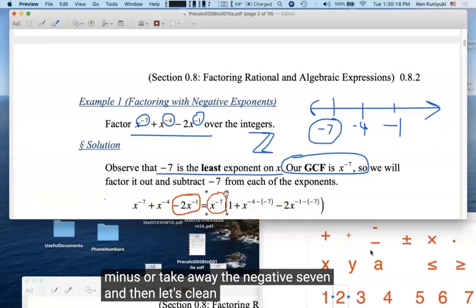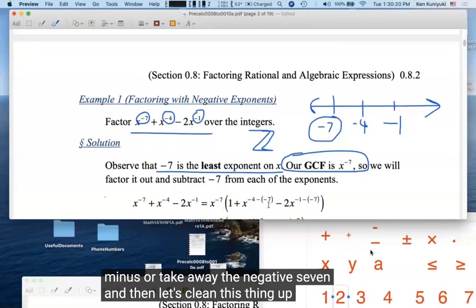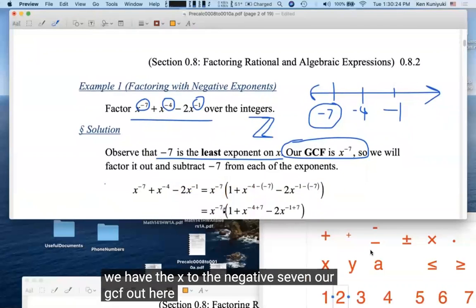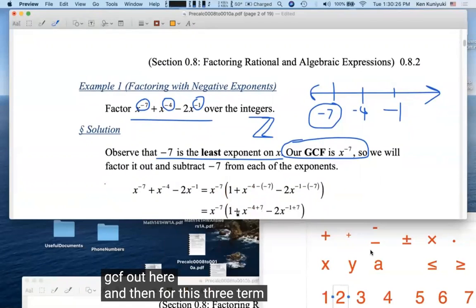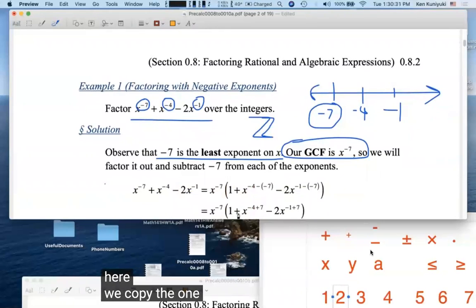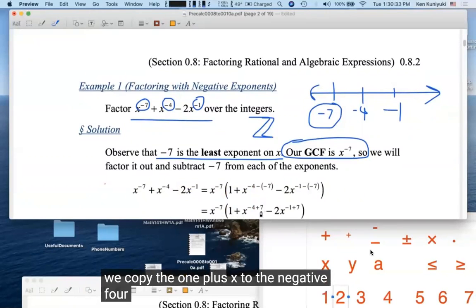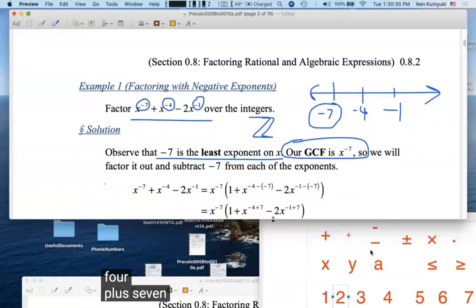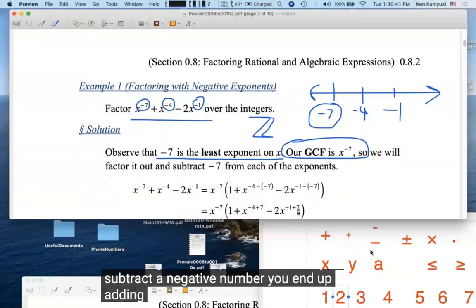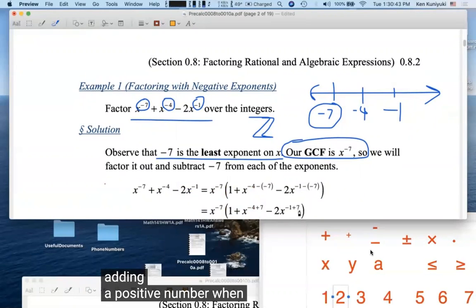And then let's clean this thing up. We have the x to the negative 7, our GCF, out here. And then for this 3-term factor over here, we copy the 1 plus x to the negative 4 plus 7 minus 2x to the negative 1 plus 7. When you subtract a negative number, you end up adding a positive number. When you subtract negative 7, you add 7.